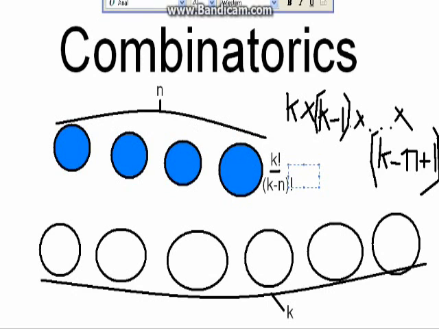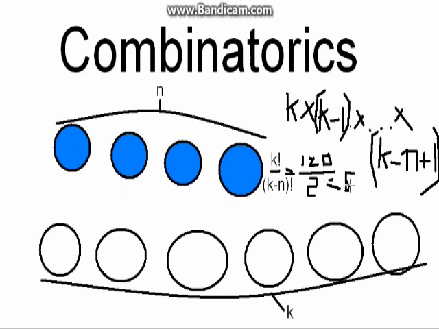Okay, I'll just write that down. 120. So because we've got 5 spaces, and then we divide by k minus n factorial. So k is 5, n is 3, so we divide by 2 factorial. And what's 2 factorial? Well, 2 factorial is just 2 times 1, which is just 2. So this entire thing equals 60. So that works so far with the amount of permutations.